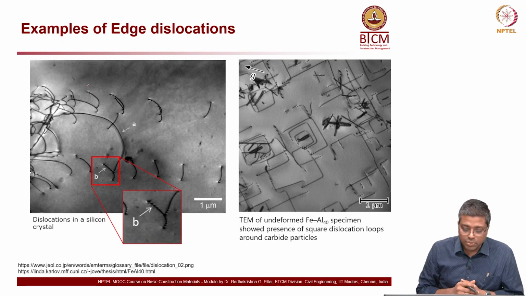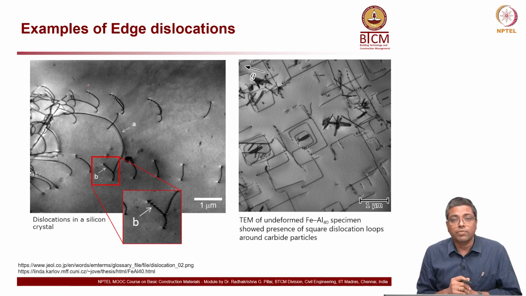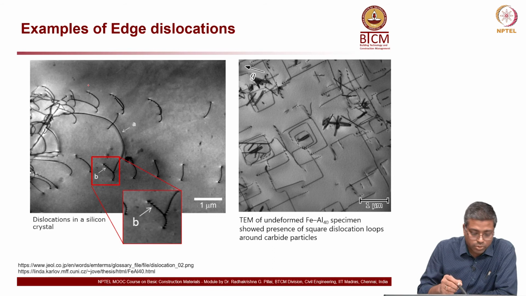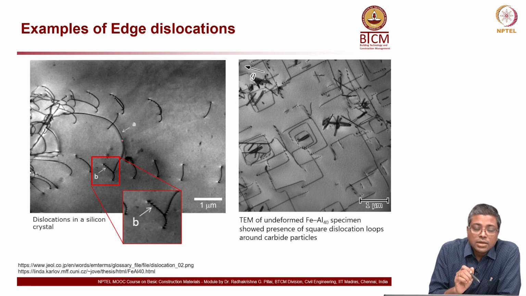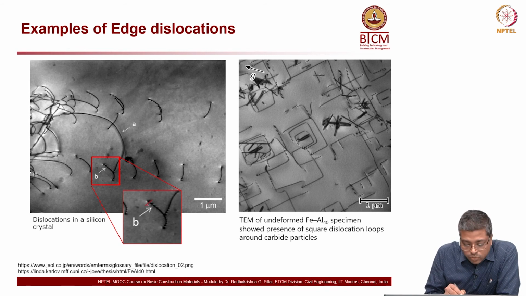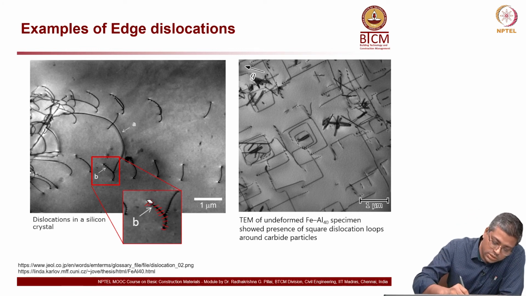Now, here are some micrographs showing what it really looks like when we look at it through a microscope. So, you can see here these smooth lines, these are all indicating the line defects and edge dislocation. I zoomed in on this red square region, and you can see a little bit of horizontal lines also, perpendicular to that. So, I am going to remove this.